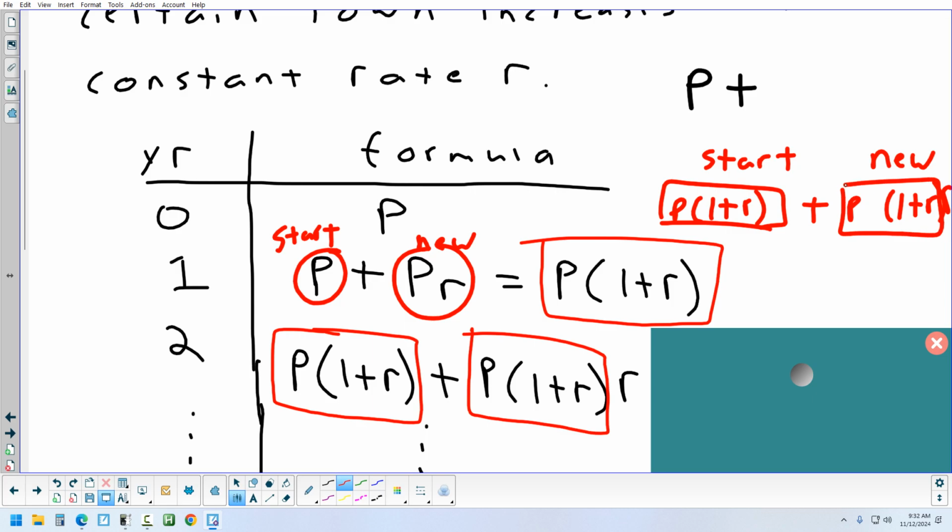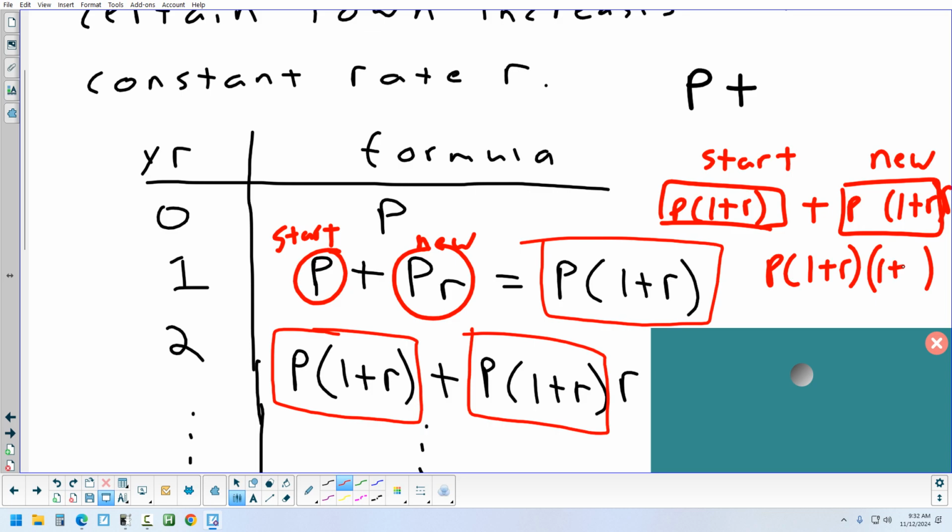So now factor that out. P times (1 plus R). If you factor out P times (1 plus R) from the first one, what's left? 1. And if you factor out P times (1 plus R) from the second one, what's left there?